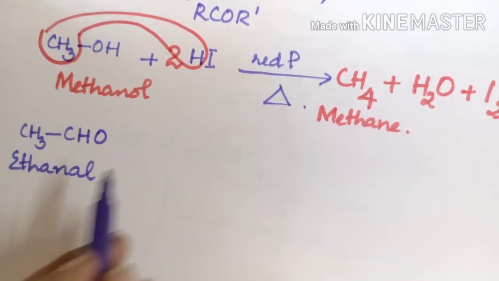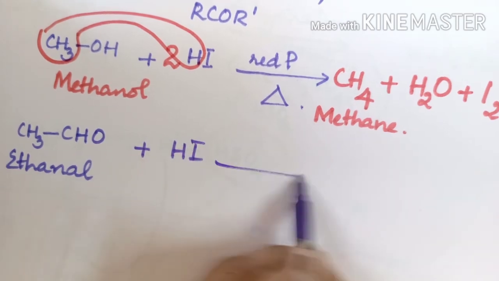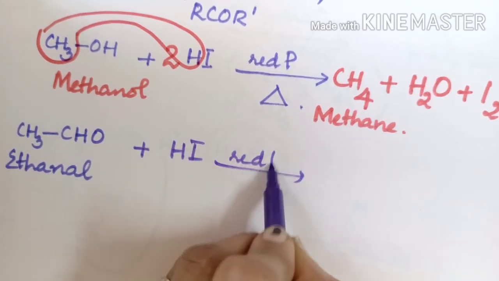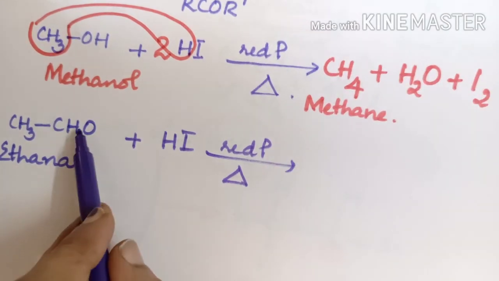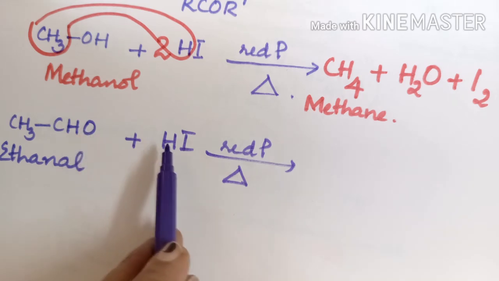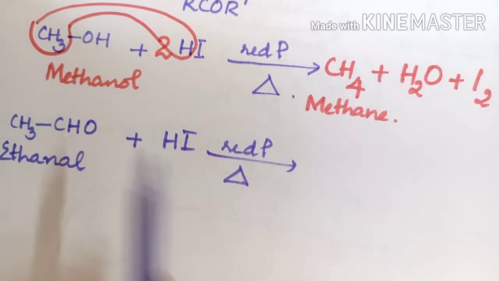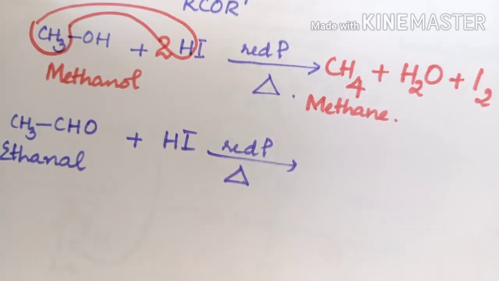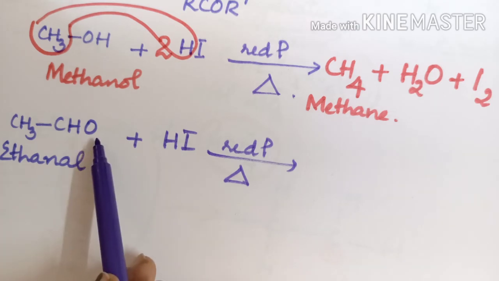So ethanal, when it is reacting with hydriodic acid and red phosphorus, it undergoes reduction. So here we have to remove oxygen. Oxygen is removed from the compound as water, for which we require two atoms of hydrogen to be combining with oxygen.